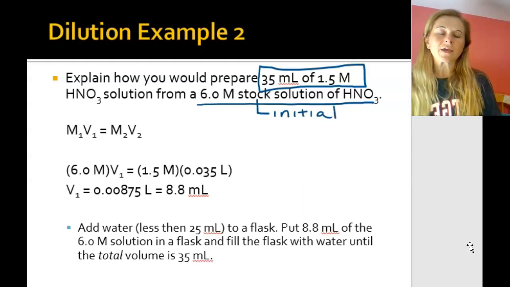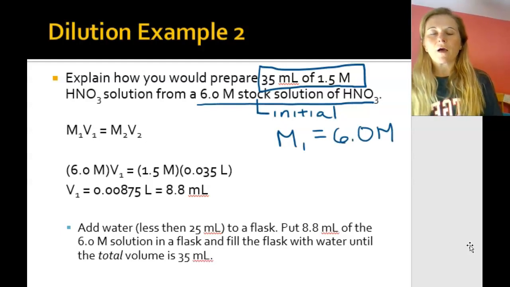So this would be like I go to the chemical storeroom and take this off the shelf. So our M1 equals 6.0 molar. That would be what I would buy from the chemical supply company.